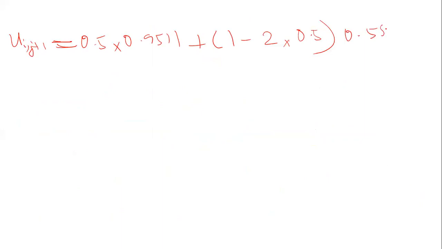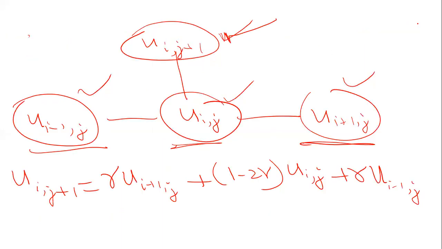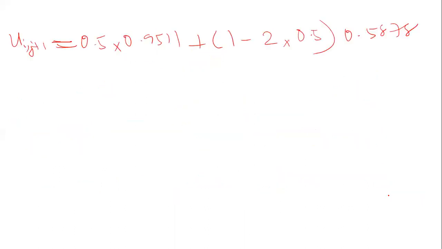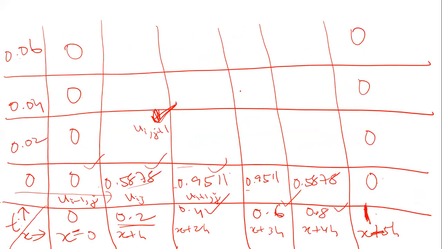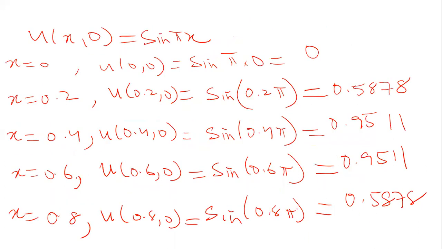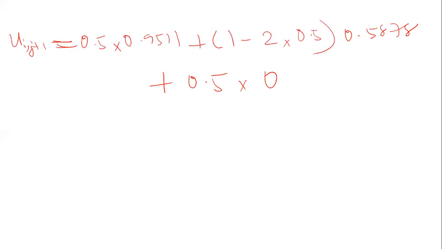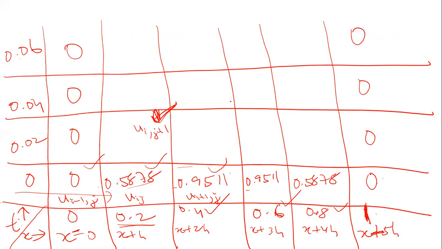So 0.5878, plus gamma into ui minus 1j, where gamma is 0.5 into ui minus 1j. ui minus 1j is 0 here. All right, so just put 0 here. And if you calculate this, we are going to get what is that, 0.4755. Yeah, so once we obtain this, we can fill up the table here. This will be 0.4755.